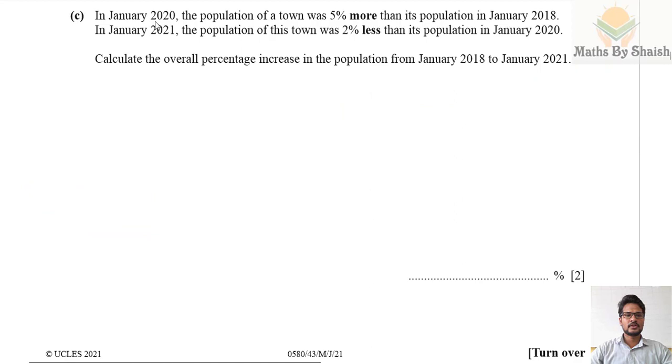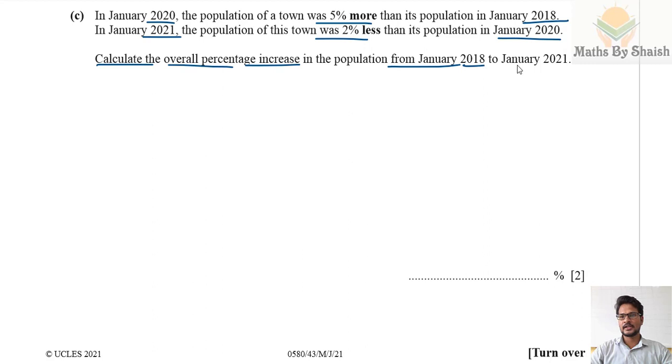C part is, in January 2020 the population of a town was 5% more than its population in 2018. In January 2021, the population of this town was 2% less than its population in January 2020. Calculate the overall percentage increase in the population from January 2018 to January 2021.